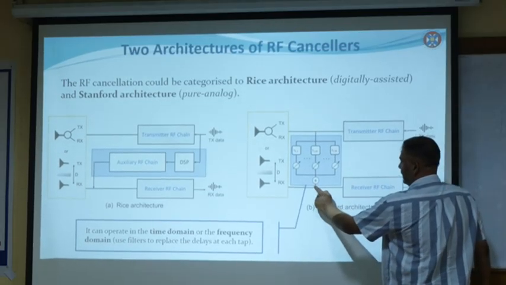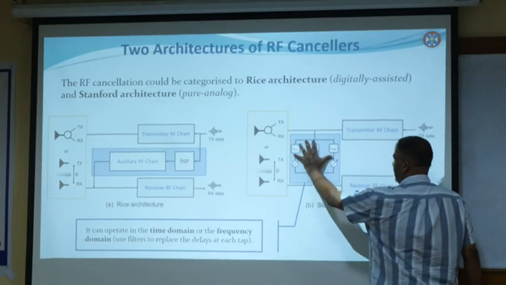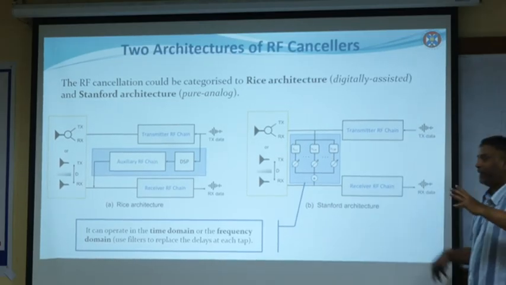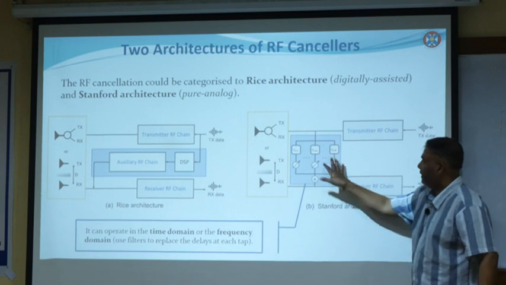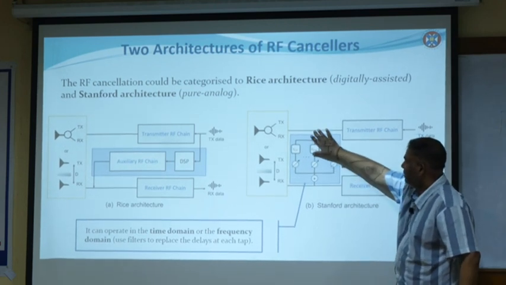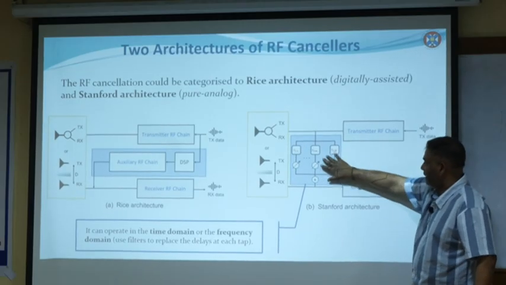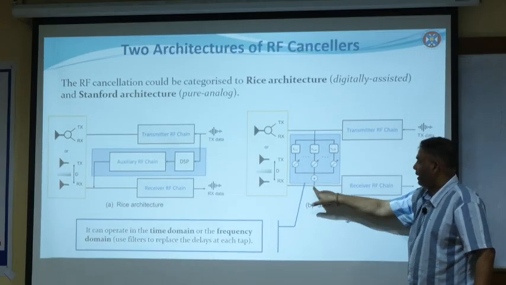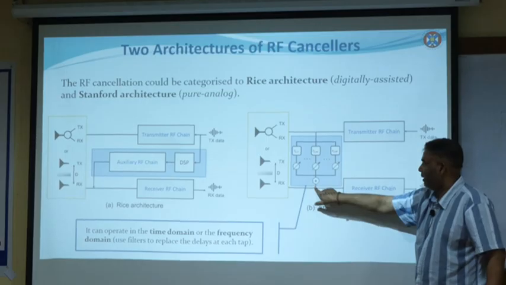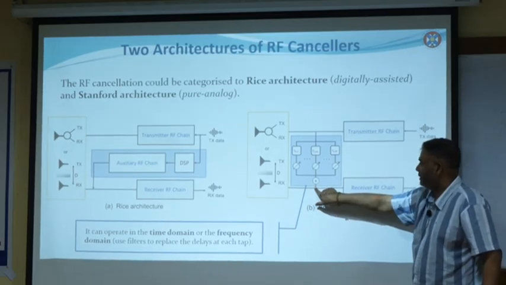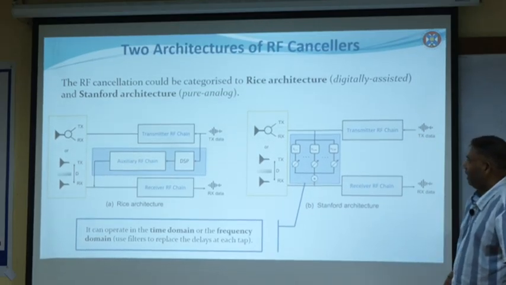This includes the reflected path, etc. They take the transmitted signal, multiply it by the self-interference channel, and the self-interference is subtracted before analog to digital conversion.